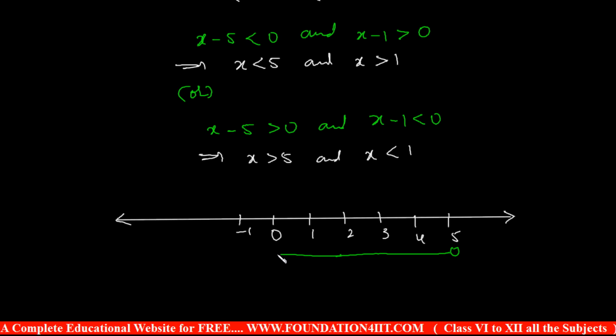Next is x is greater than 1. Greater than 1 means from 1, this side all the values. So the common portion, observe here, is between 1 and 5. Between 1 and 5 only you are getting the solution for this, that is 1 less than x less than 5.